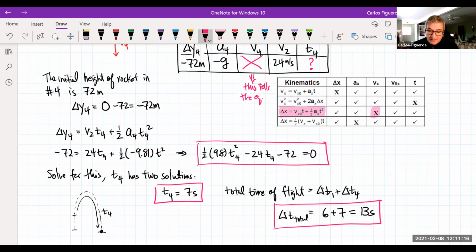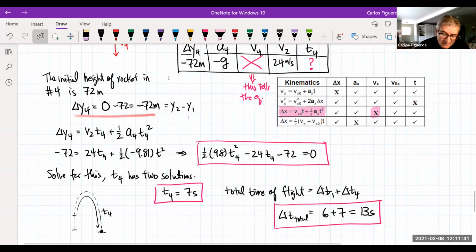So the first thing that I'd ask you to think about here is, does this argument right here make sense to you? Because when I think about this, it's really the final minus the initial height. I started off at 72 meters. I ended up at 0, so it's got to be negative. But that's not really answering the question.